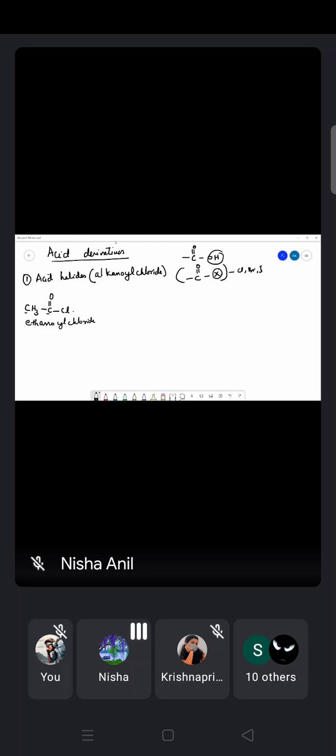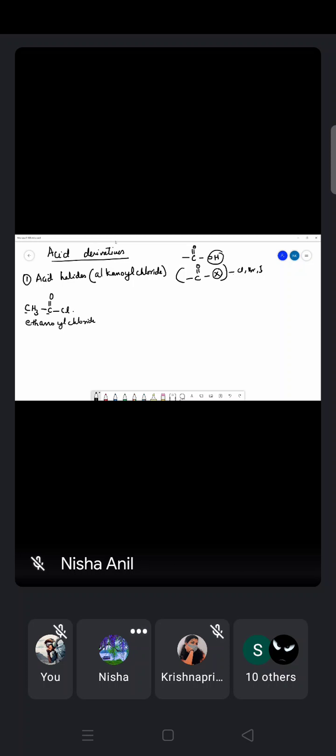But in the textbooks and all, we normally use the common word acetyl chloride. For all those compounds that we already named, phenols, acids, aldehydes, they all have common names also.